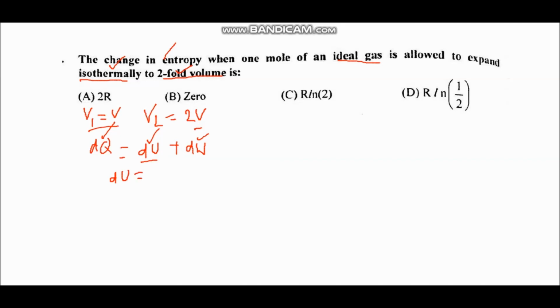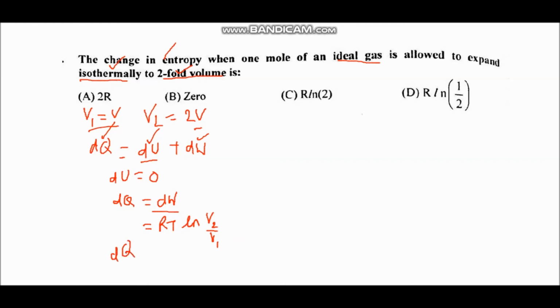So du becomes equal to 0. So here dq is equal to dw. And we know that during isothermal expansion, the work done is given by dw is equal to RT log V2 over V1. So from here we will find the value of dq.